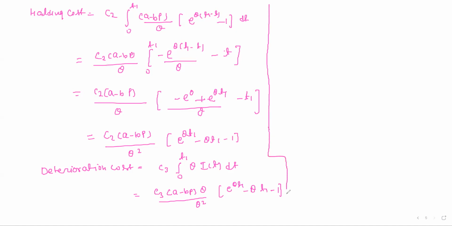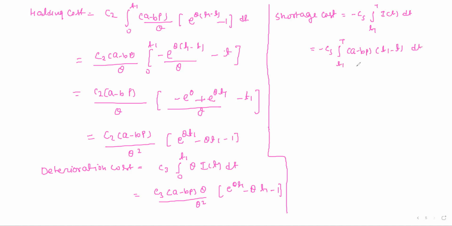Now we find the next cost, which is shortage cost. So this is minus Cs. Shortages occur in the interval t1 to T, integral of I(t) dt. So this will come minus Cs integral t1 to T, and its value is (a minus bp)(t1 minus t) dt.